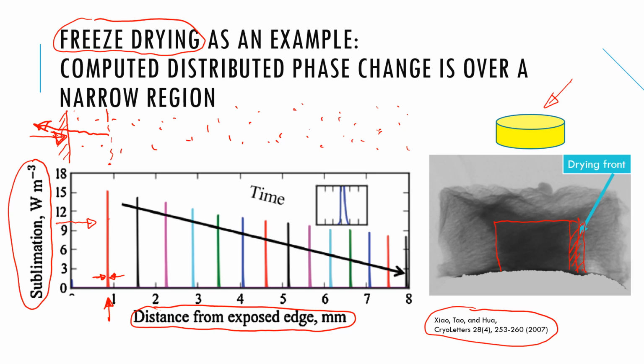And then over time, you can see it may change ever so slightly, but it is almost like a sharp interface. And so with time, that sharp interface stays. So here is an example of freeze drying where the sharp interface assumption could be quite reasonable.